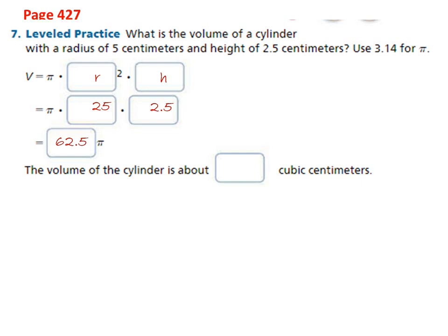It will be 62.5. Don't forget times pi. Now use 3.14 for pi and multiply 62.5 by 3.14. Yes, the answer is about 196.25 cubic centimeters. Are you happy with this? Yes?